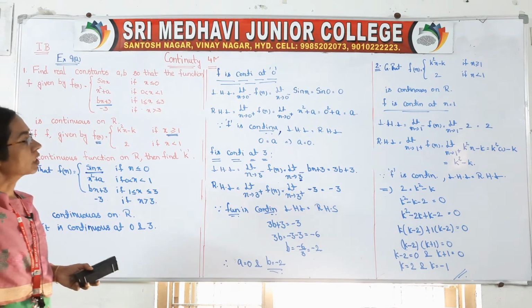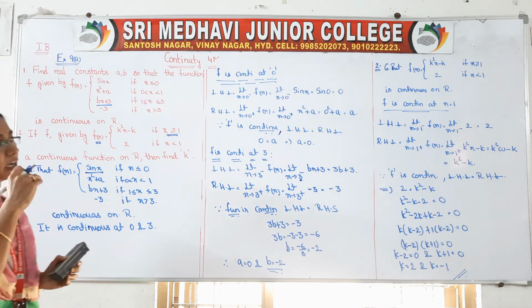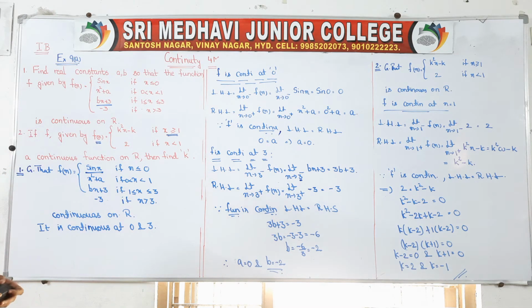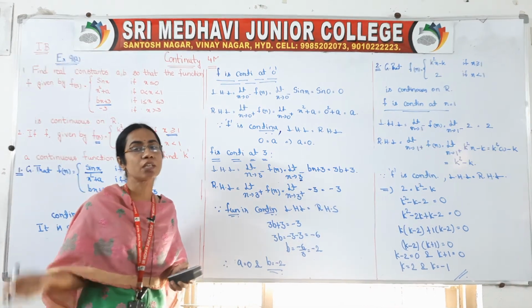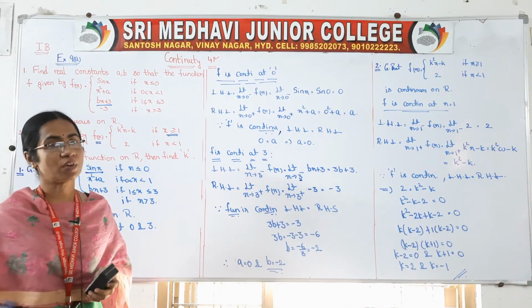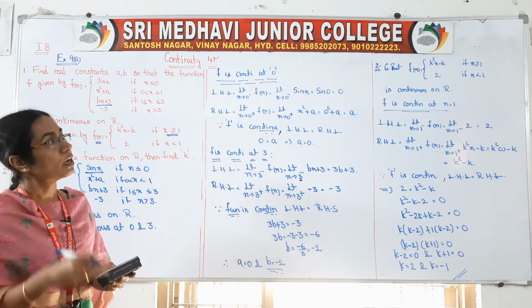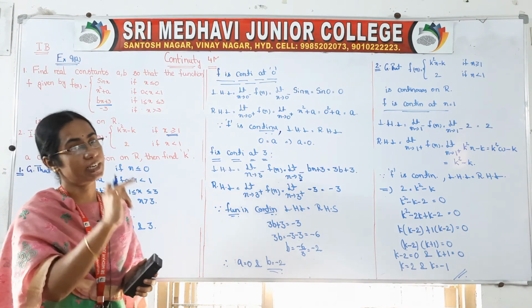Okay, the second question: f is also continuous on R, then find the k value. Continuous on R means all the real numbers. All the real numbers means negative values, positive values, 0 are called the real numbers. But here the function is defined at x greater than 1, x less than 1.